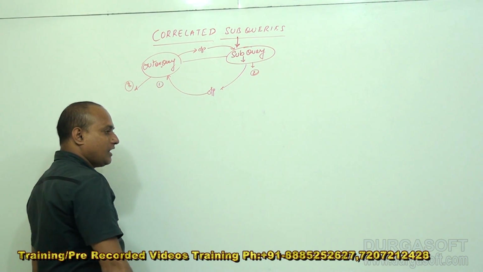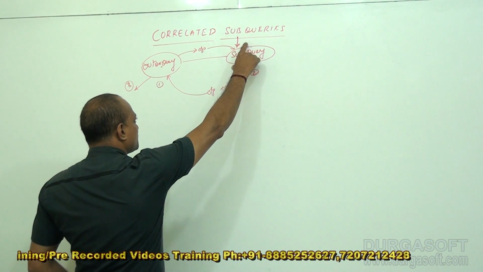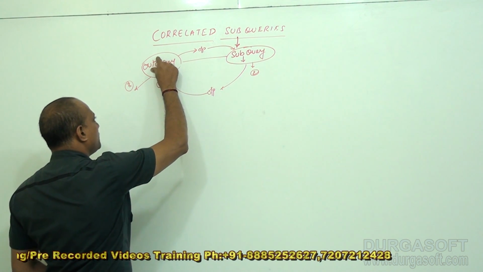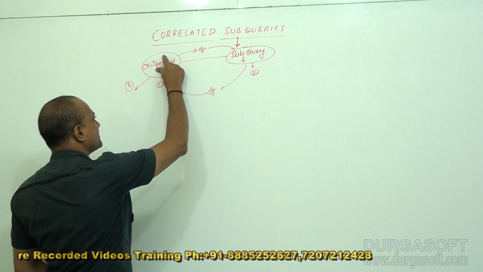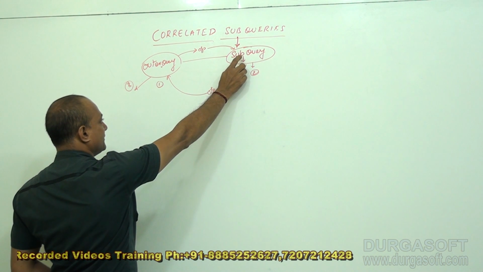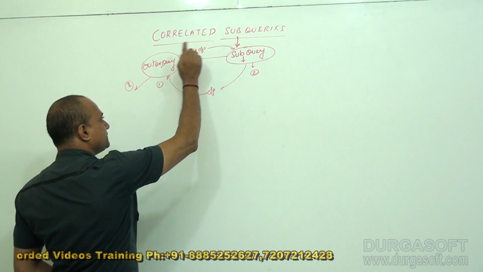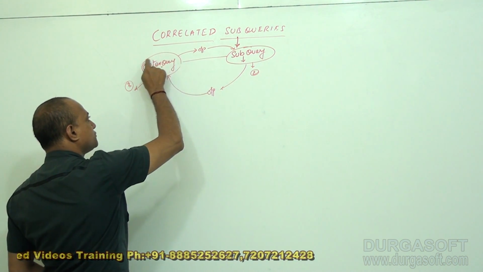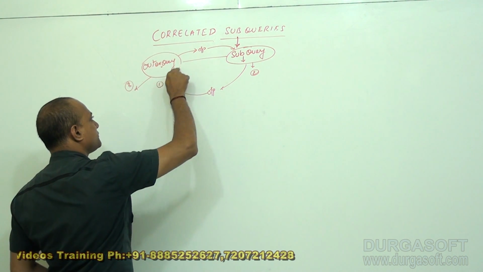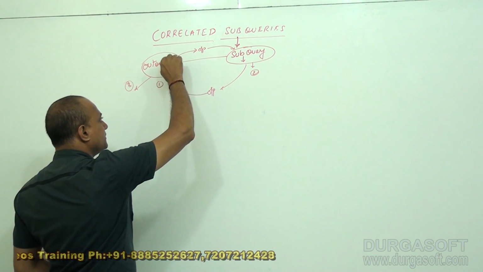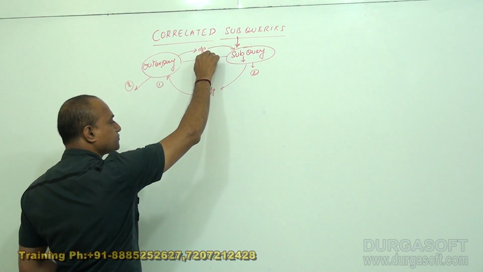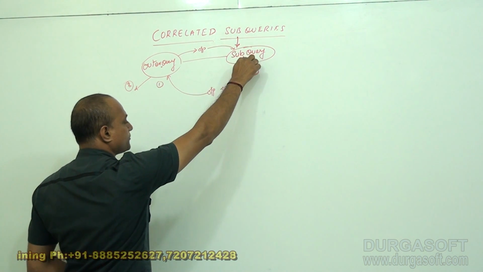Remember that. Again I am repeating, a subquery which is depending on the outer query result is called a correlated subquery. Since it depends on the outer query, the outer query should be executed first. The outer query generates some output, which is passed to the subquery.